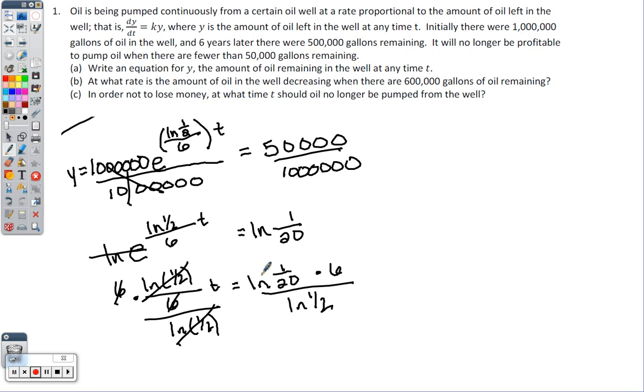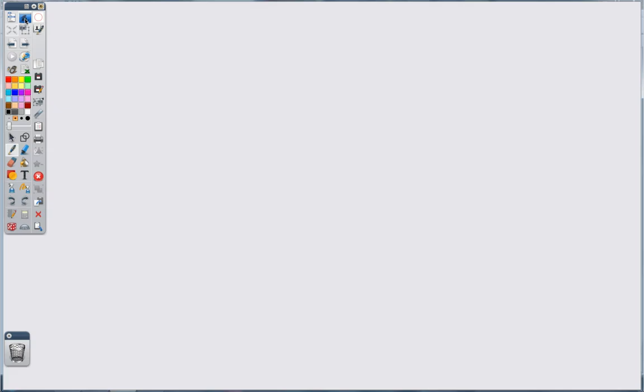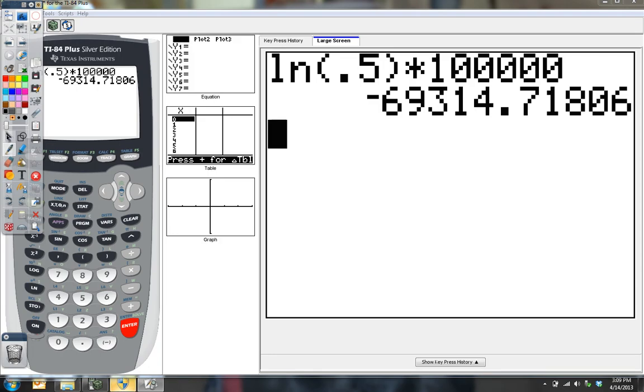You can feel free to leave it like this on a free response, or plug it into your calculator if you so desire. Again, this is free response. I'm going to plug it in just so that we get some kind of idea of what we get here.